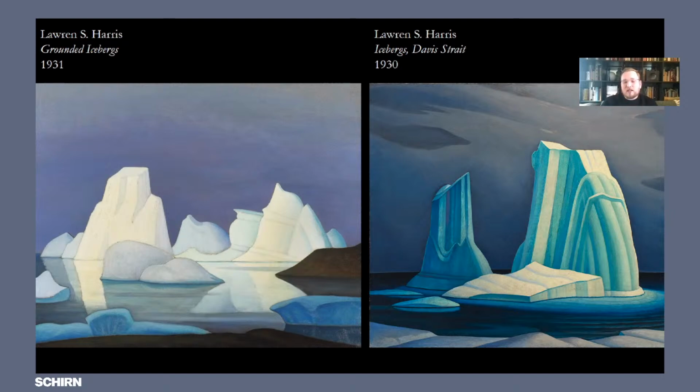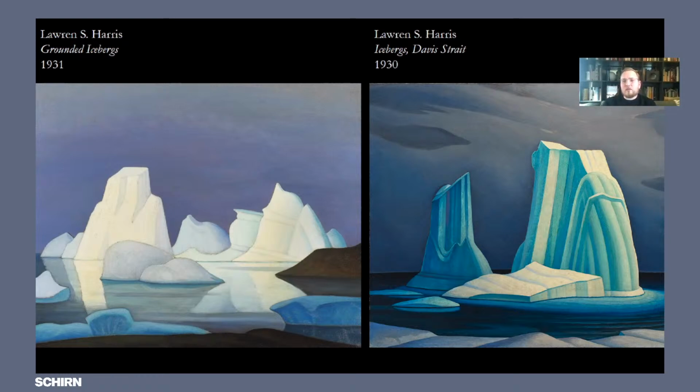When you look at them, it's very easy to see why they're very popular. They take these images of icebergs and distill them, for instance, on the right, his images of icebergs in the Davis Strait, distilling them into geometries, and we see these really slick modernist ways in which he's combining and thinking about nature, moving towards abstraction.